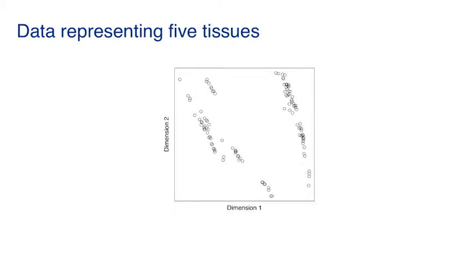This is a PCA plot, MDS plot, same thing. We're basically showing the first two principal components of a matrix that has the genes on the rows and samples on the columns. So each point here represents a different sample. This is RNA measurements, transcription.